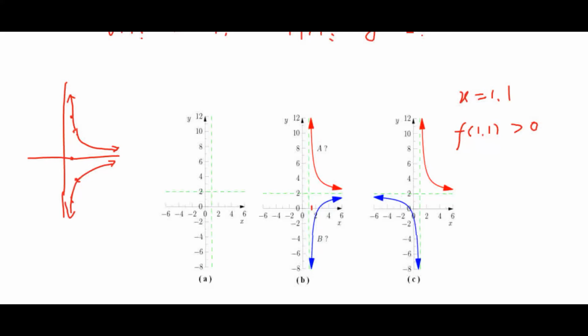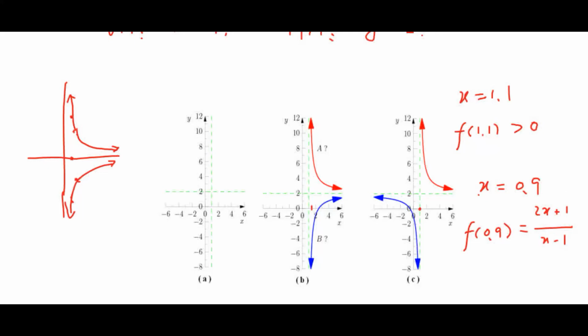Okay, so for the left side, we cannot pick x as 1, but we just pick close to 1. Let's say x equals 0.9. We check whether the function at this point is positive or negative. The function is (2x plus 1) over (x minus 1), right?